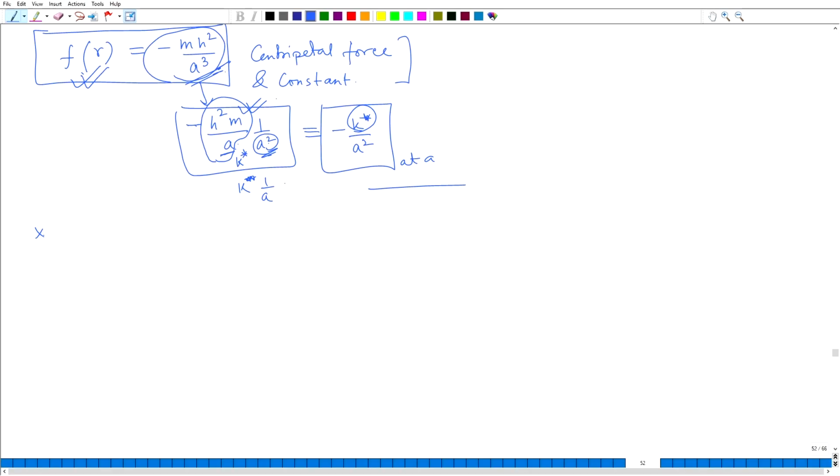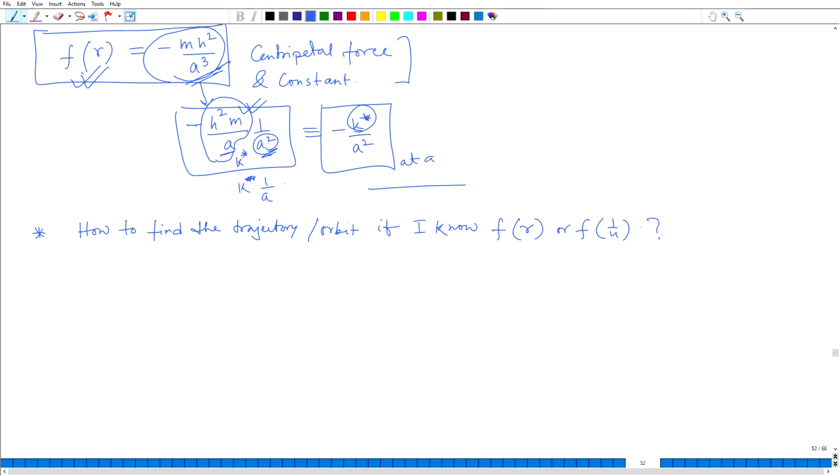Okay. I am going to another part, that is the case of how to find the trajectory or orbit if I know f of r or f of u, actually f of 1 by u, I just write f of u.